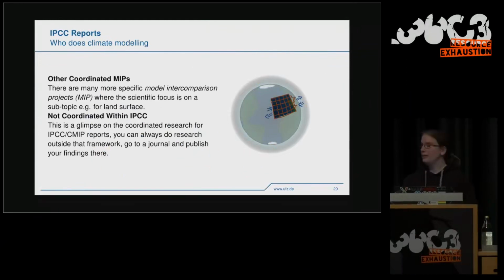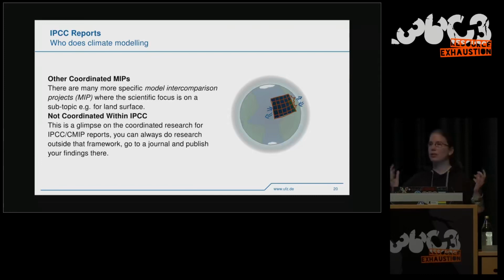So maybe a little addition, there are also other coordinated model intercomparison projects outside of the IPCC. One is inside the IPCC where the scientific focus is on a subtopic, on something like land surface, for example, and that's what I do.